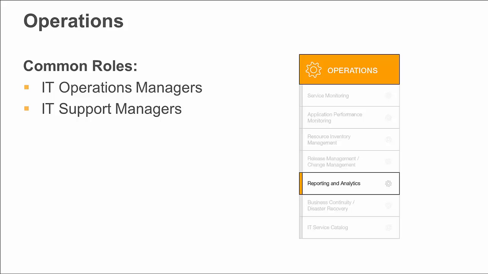Reporting and analytics, very similar. One of the things that most organizations find about cloud providers is that we provide a tremendous amount of data and information, potentially more than you have today. And so the question becomes, how do you incorporate that into reporting and analytics in a way that's meaningful for you, the organization?